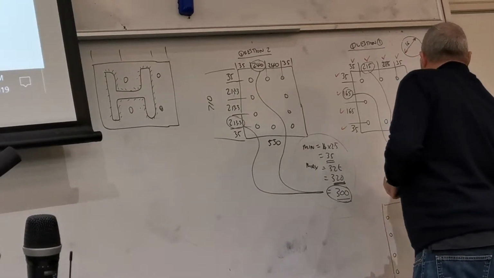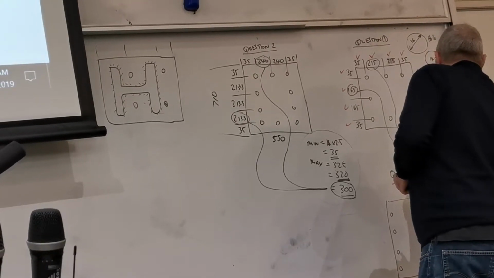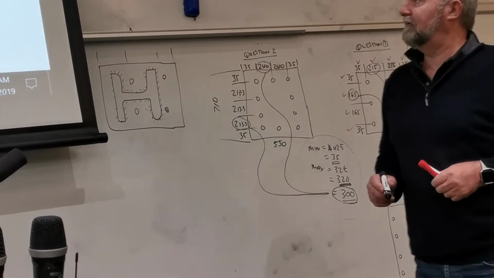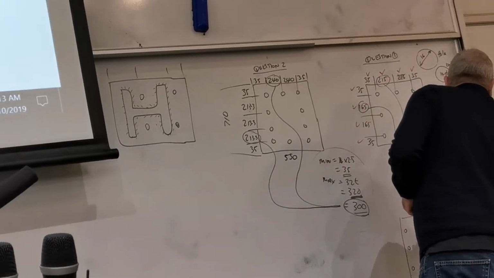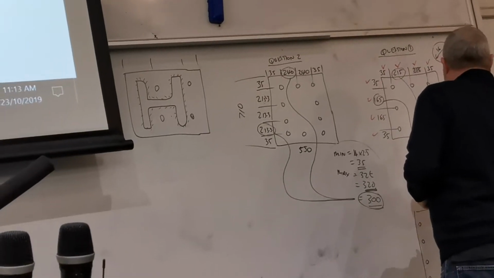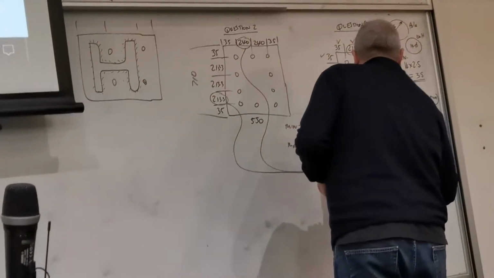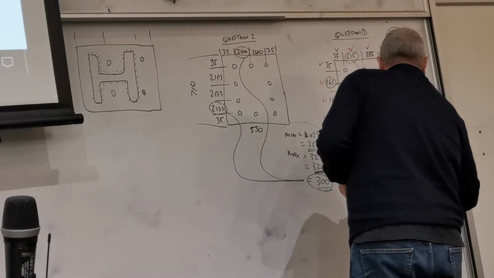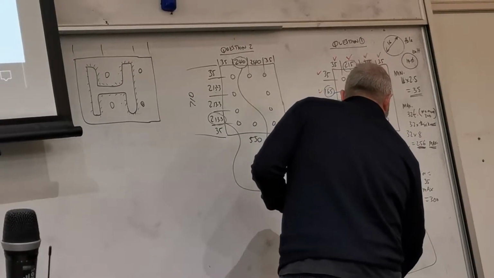Once again, the minimum equals 35. The maximum is the same as the previous one. It's 10 mil thick. The maximum equals 300. We put in our 35, 35 on the other side, 35 here, 35 here.